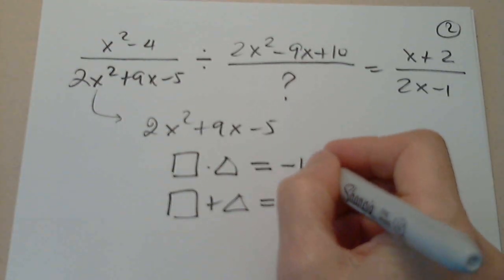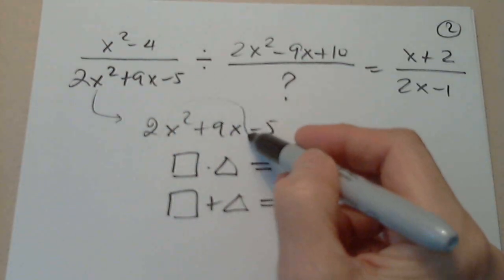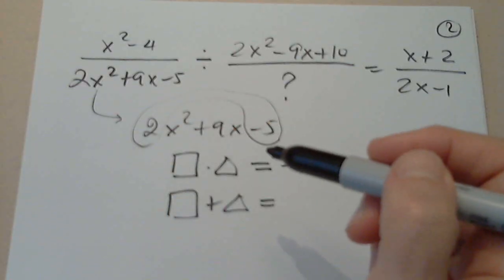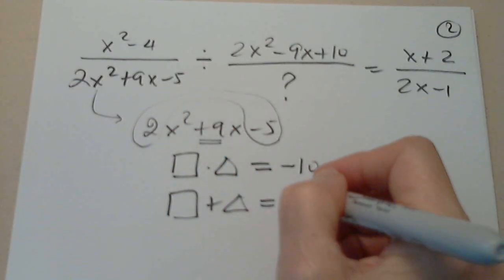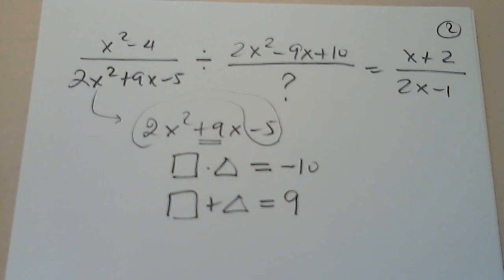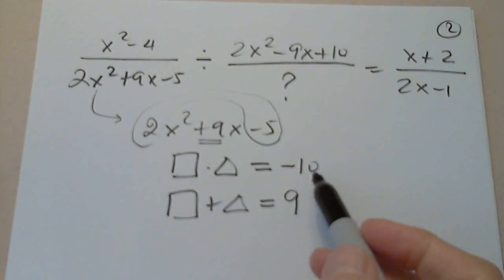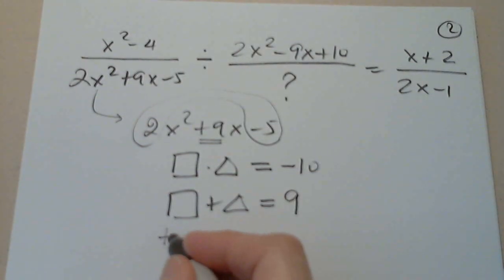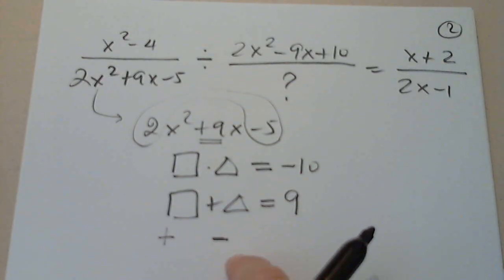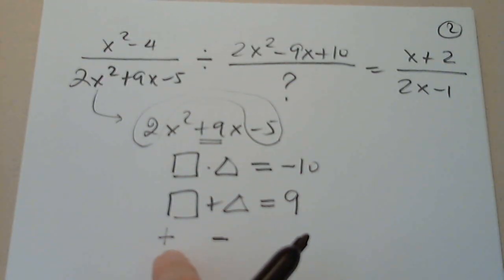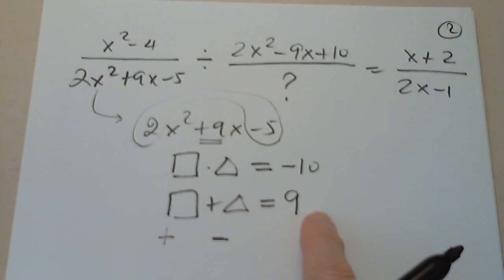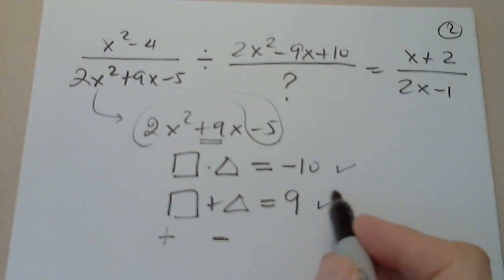Yes, the product is indeed negative 10 because we have to incorporate this. It's a must. And the sum never changes. So we need to find two numbers because the product is negative. We want a positive and a negative. And the negative has to be small. The positive has to be large because the sum is 9. And both have to be fulfilled.